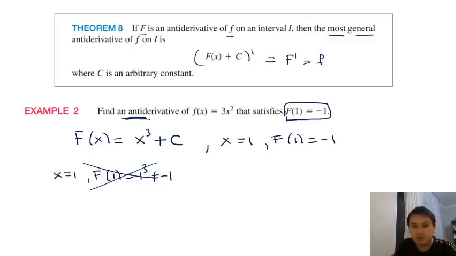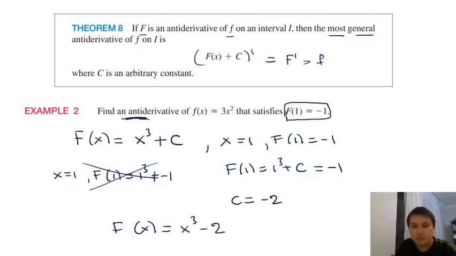Well, you substitute x equal to 1, you get F of 1 is equal to 1 cubed plus the constant, which must be -1. So from here you see that my constant must be -2, right? Hence, the answer is F of x is equal to x cubed minus 2, and that satisfies both conditions.